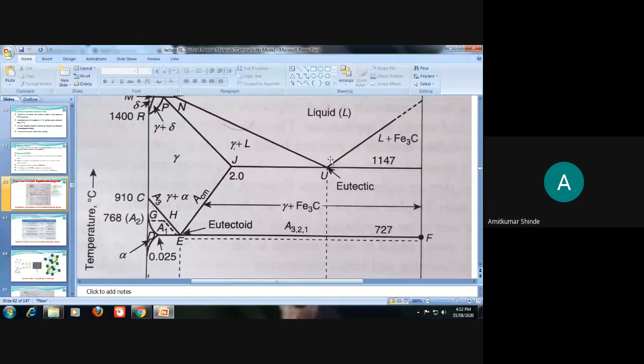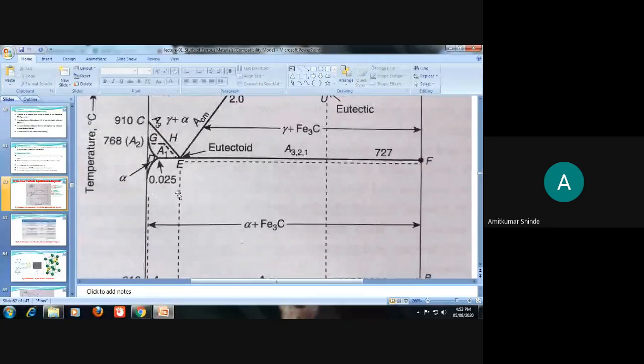Exactly at 4.3 it is eutectic cast iron or eutectic white cast iron. Within the range 2 to 4.3, it is hypoeutectic cast iron. And more than 4.3, it is hypereutectic cast iron.